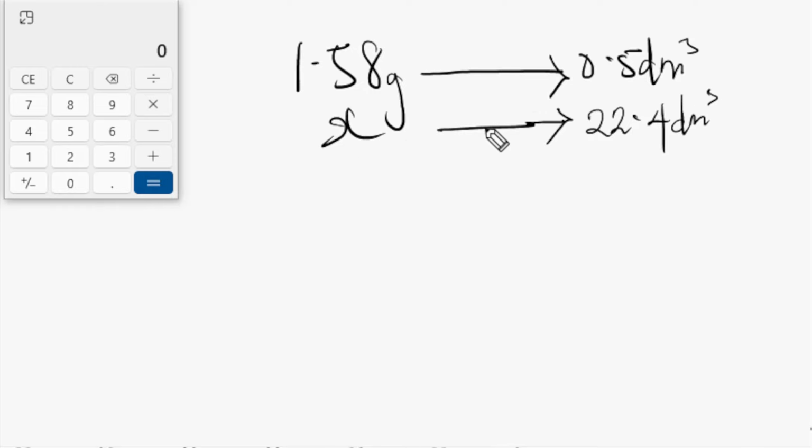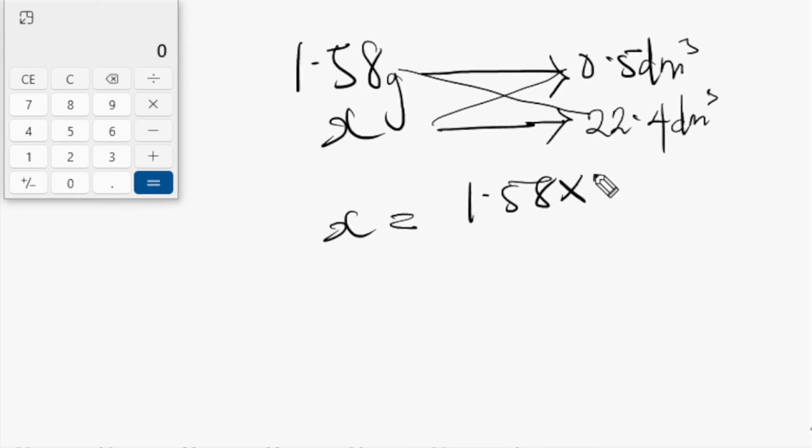So we'll call this x, and then we'll go ahead and multiply, cross this out. So x will be 1.58 times 22.4 over 0.5.